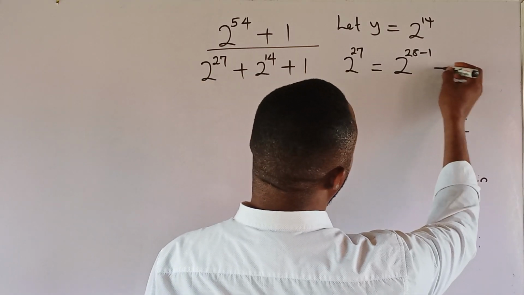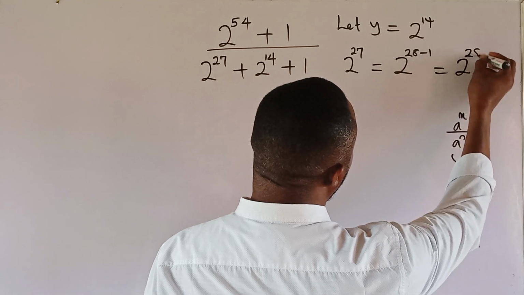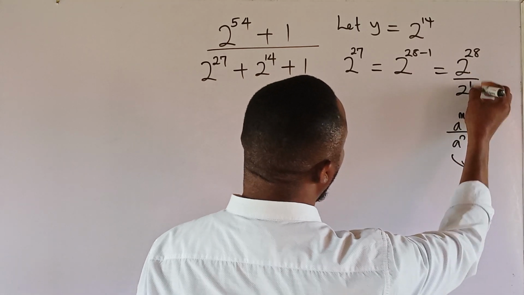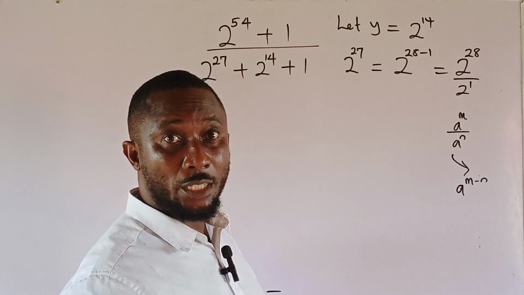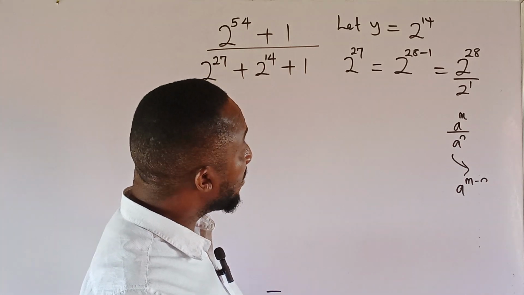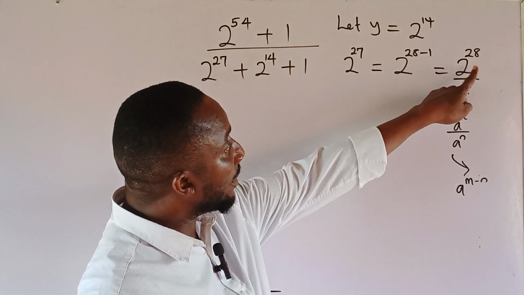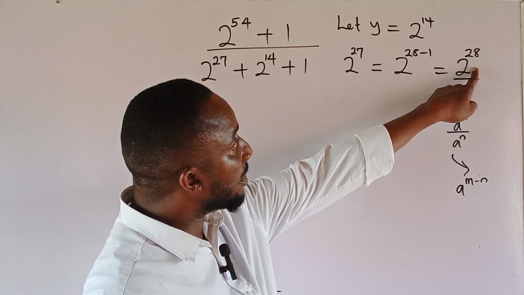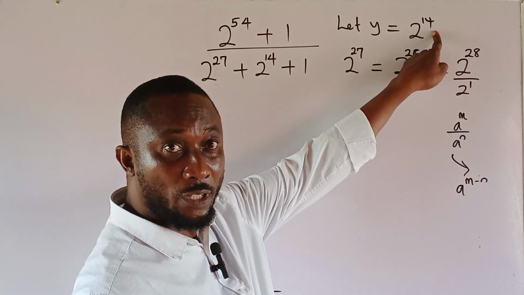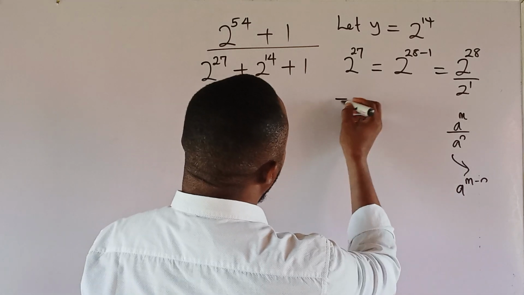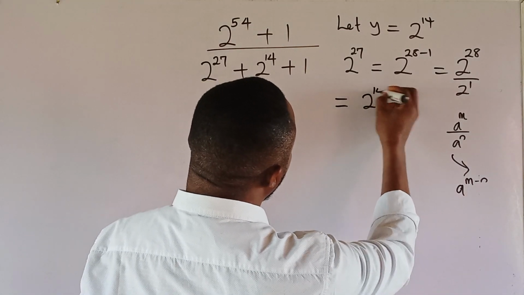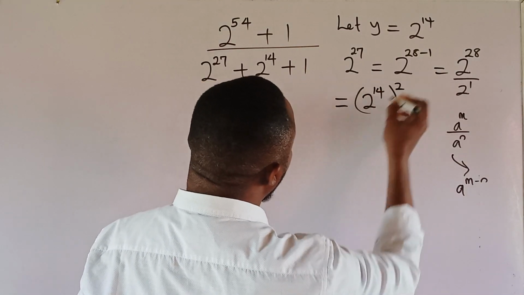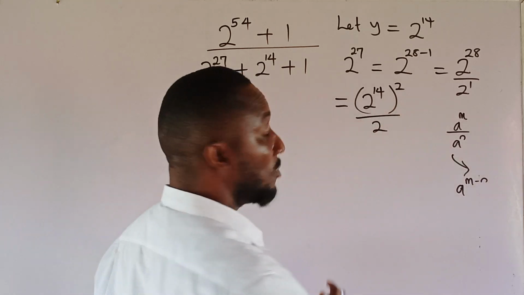So we can write this as 2 to the power of 28 all upon 2 to the power of 1, and anything raised to the power of 1 is the same. So we can write 2 to the power of 28 in terms of 2 to the power of 14: 2 to the power of 14 whole squared all upon 2.